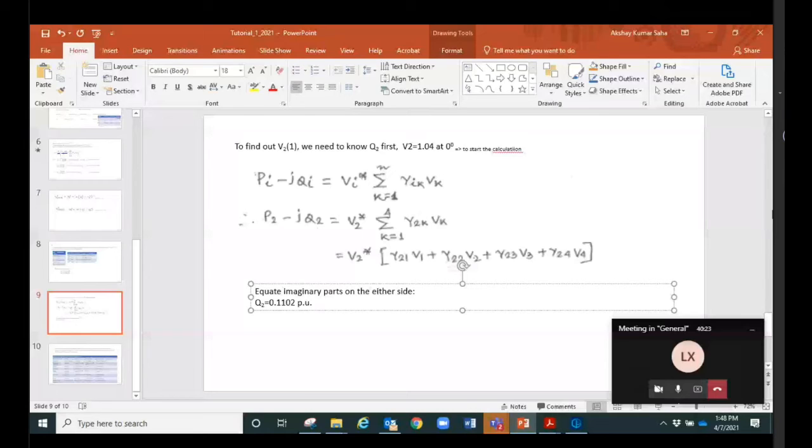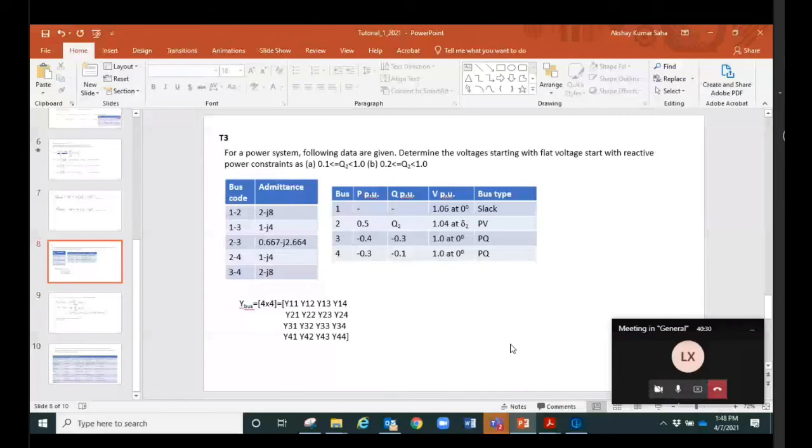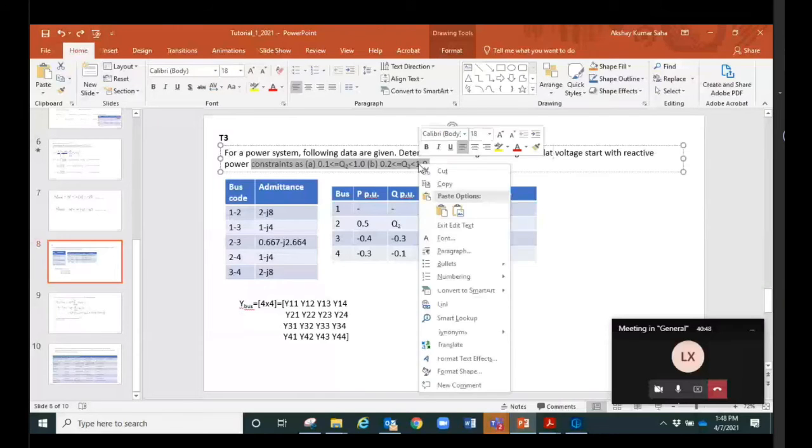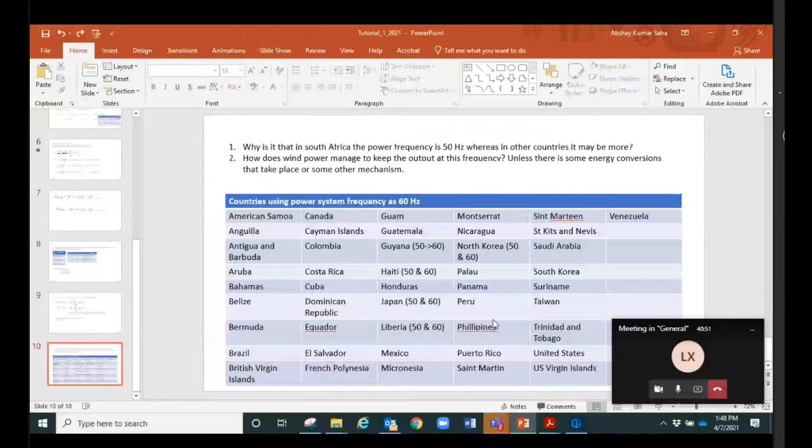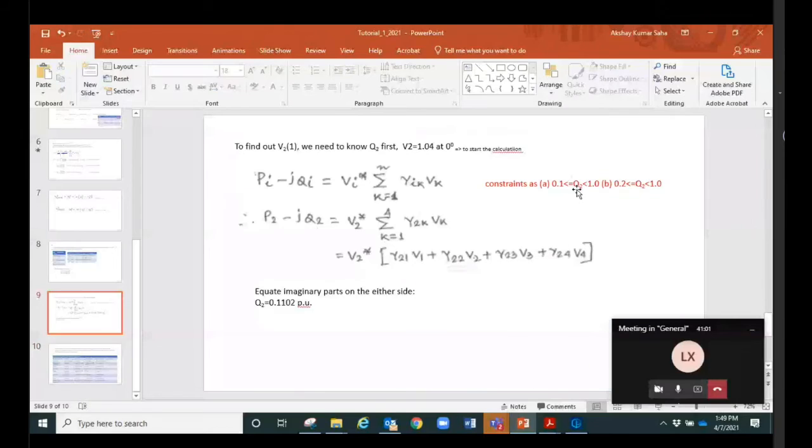And if we go back to the constraints that are given here, Q2 has to be greater than or equal to 0.1 and less than 1.0.